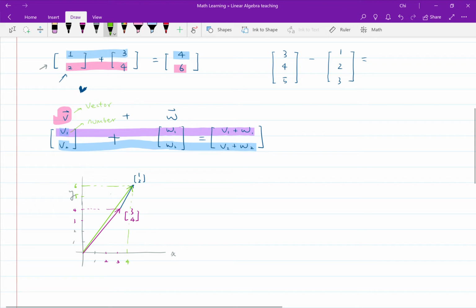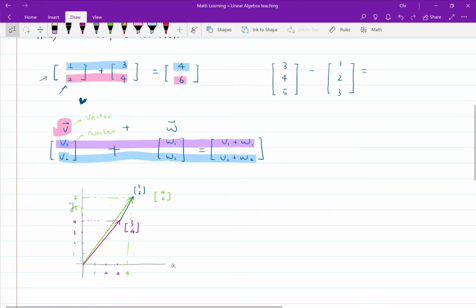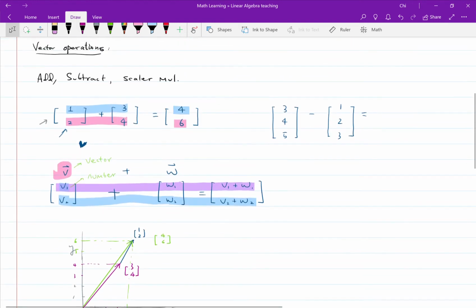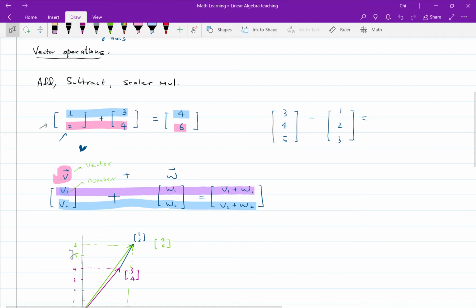So this green vector, its two components are 4 and 6, which is what we calculated. So you can see this really nice overlapping, or duality, between the numerical calculation and the graphical representation. And you can do this in three-dimensional space as well, but we won't do it for the sake of time.